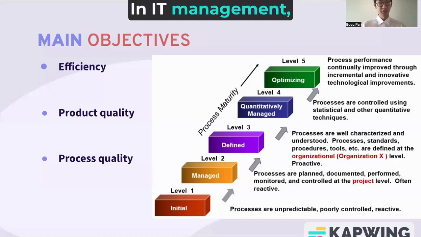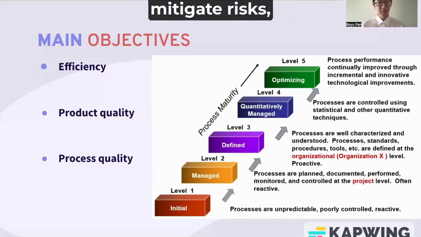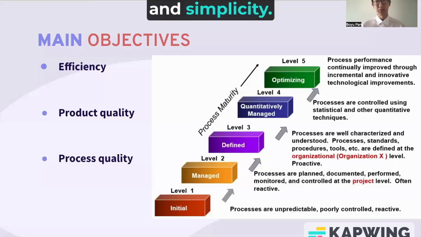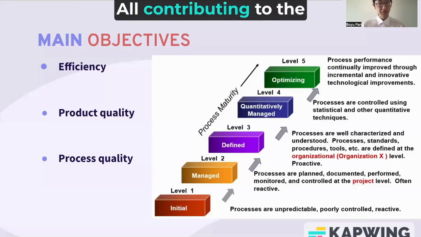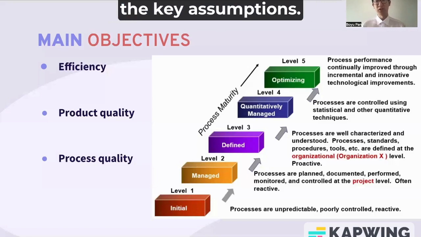In IT management, the primary objective is to enhance efficiency, reduce complexity, mitigate risks, ensure security, and strike a balance between uniqueness and simplicity, all contributing to the organizational success. In the following section, we will dive deeper into the key assumptions.